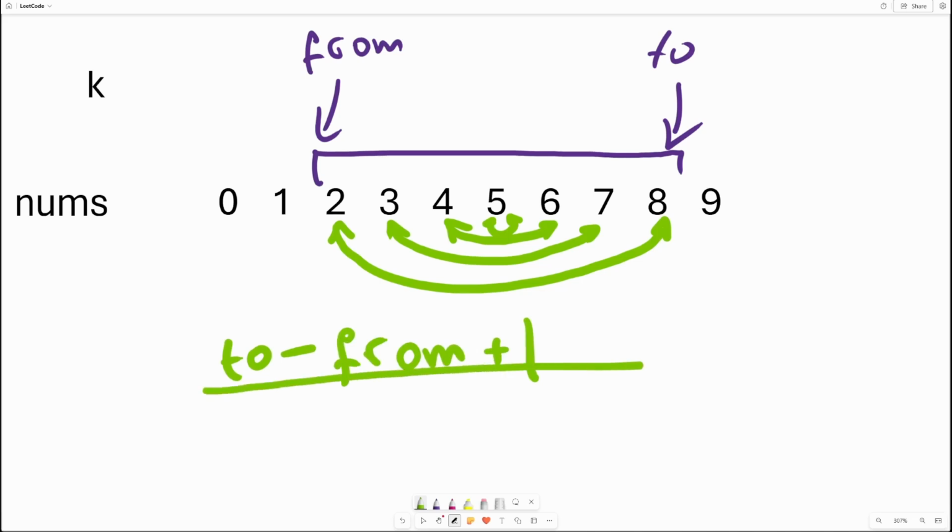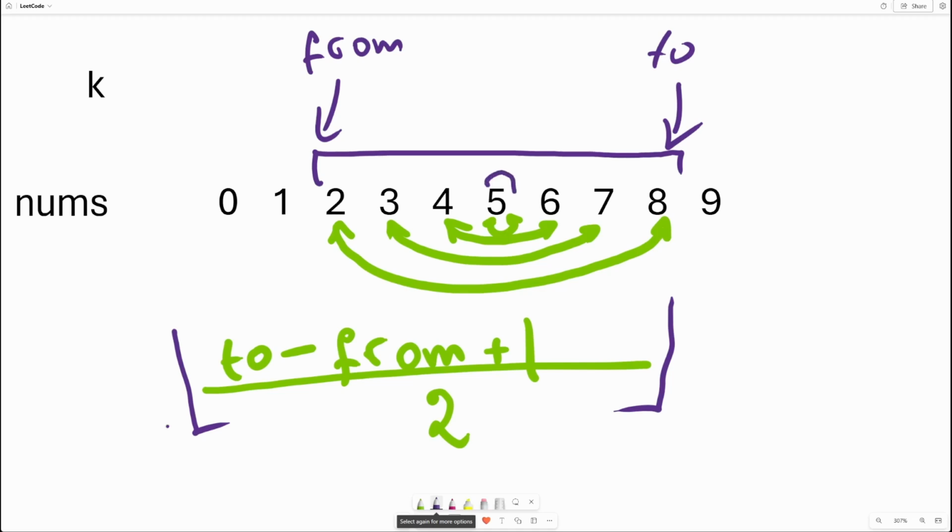If you divide this by 2, and let's take the floor, that will be the number of swaps we need to do. Because we're taking the floor, that means we are never going to be swapping this in place. If we were to take the ceiling, then we would rotate this element in place as well, but we don't need that. So this will be the number of swaps.